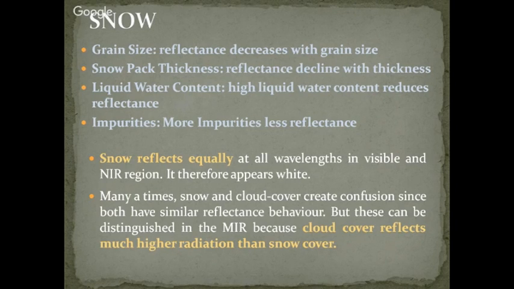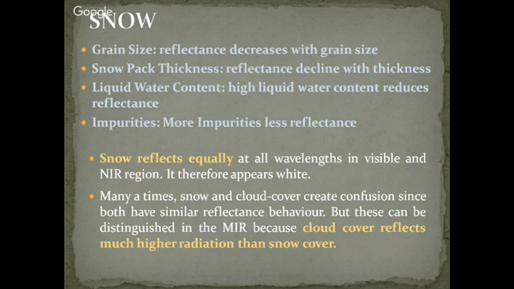Now, snow has a very typical way of interacting with the incoming radiation. Snow surfaces do not have any bias towards reflection at different wavelengths, which means that within the visible spectrum, the snow cover reflects an equal amount of energy in the blue band, green band, and red band.